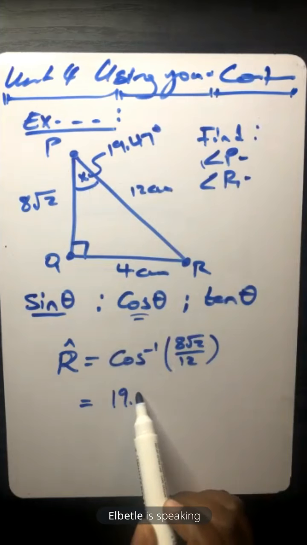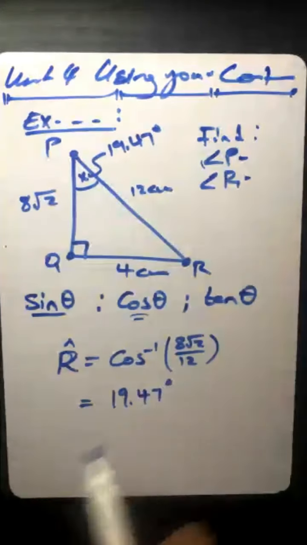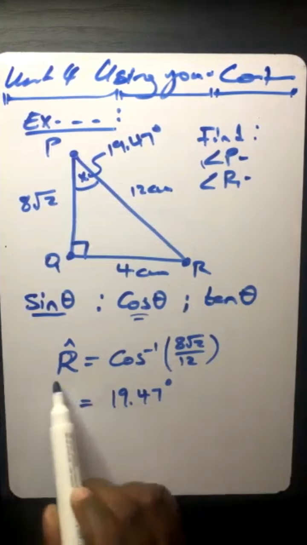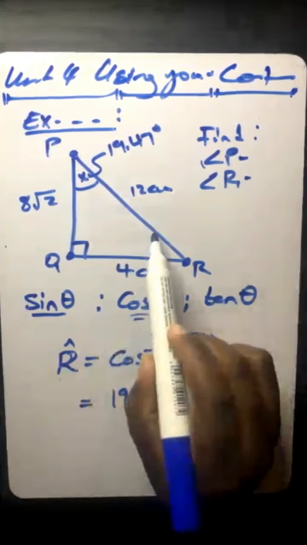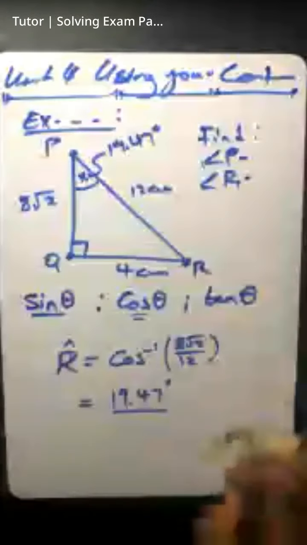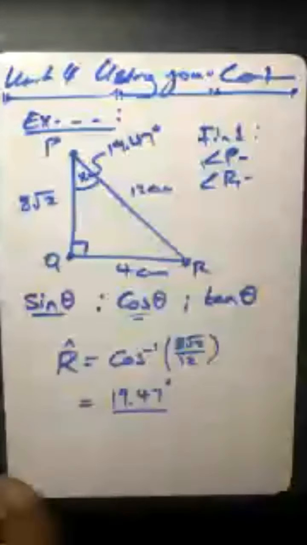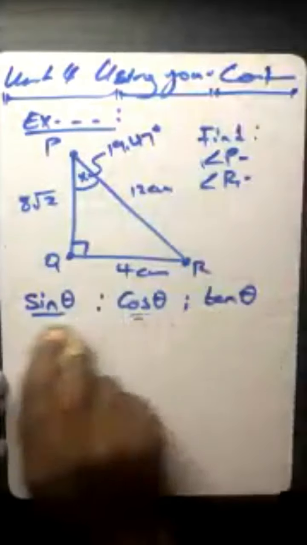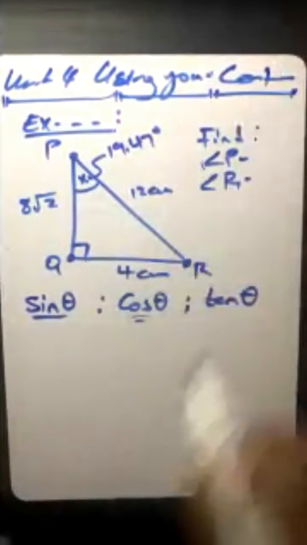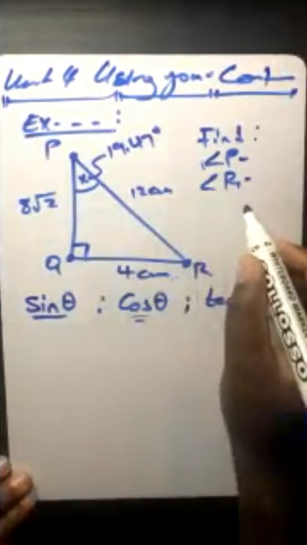It's 19.47. So can you see, LB? You are now saying that angle R is that, which is completely incorrect, because this is the one which is 19.47. I just noticed something, LB. The moment the question says angle R, in this triangle you forget completely about the other angle.